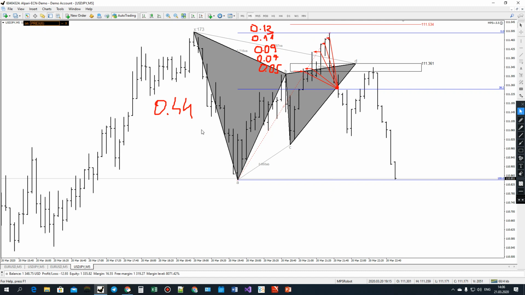So you gradually open this position until it reaches the amount that you predefine. You can limit this amount to whatever you want. In my case, it was 0.44. So the maximal number of trades opened was 5. This means that in case it installed a new high, I wouldn't open that.